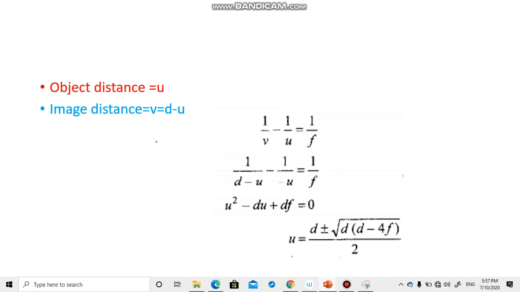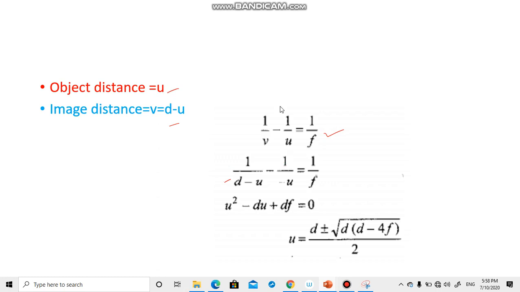This is the image distance and this is the object distance. This is the lens formula we have just derived. So here we know the V value, and U will be minus U. We have to take it with the sign convention.